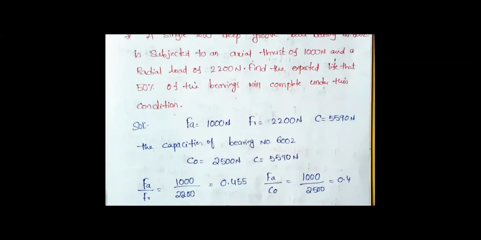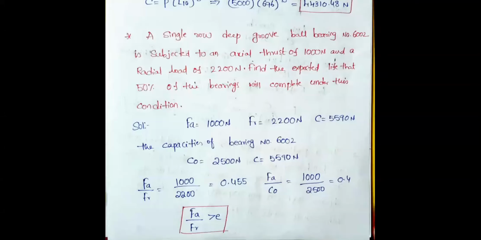Now write down the given data as usual. The axial load is 1000 newtons and the radial load is 2200 newtons.